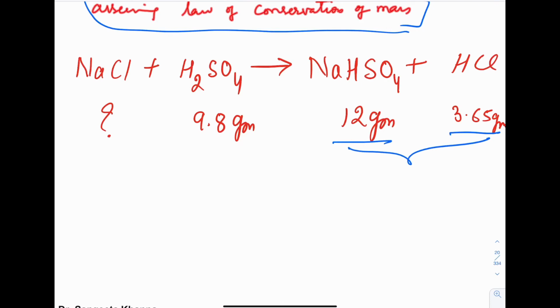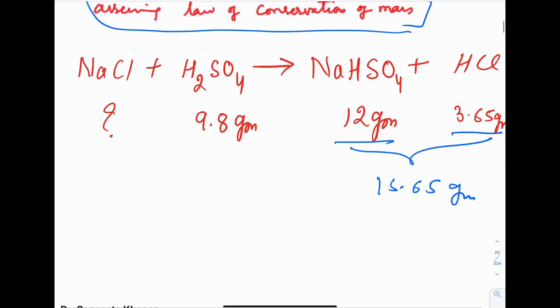What is the total mass of product? 15.65 gram. If H2SO4 is 9.8, what will be NaCl, so that the mass on both sides is the same? So what is X?